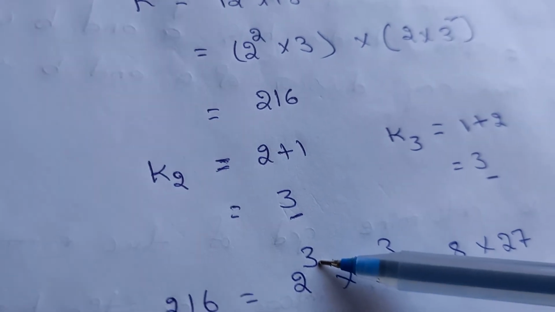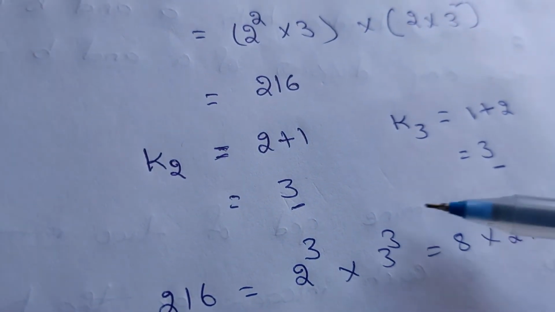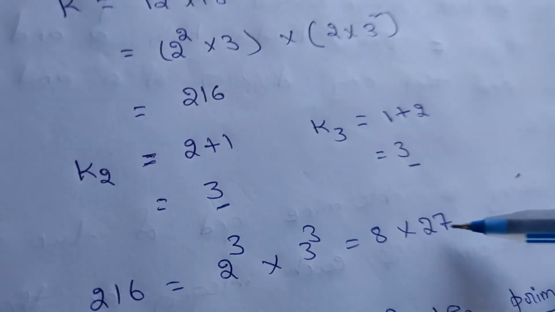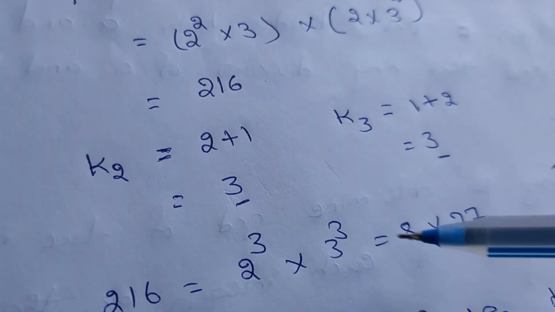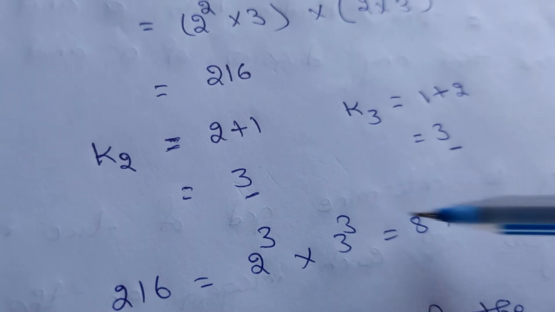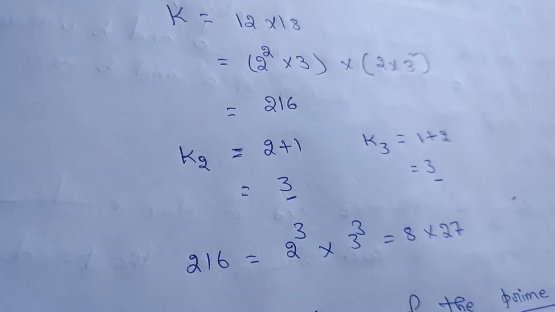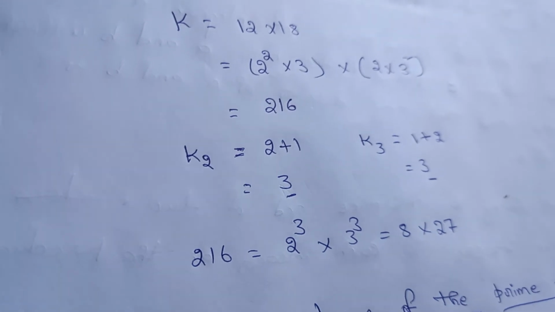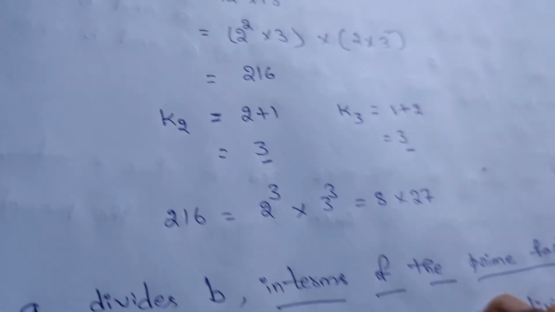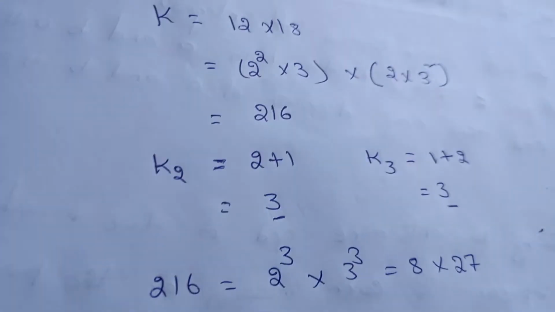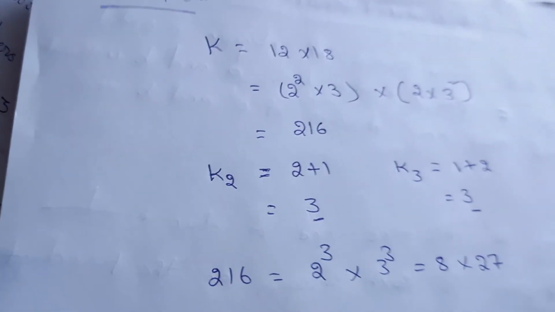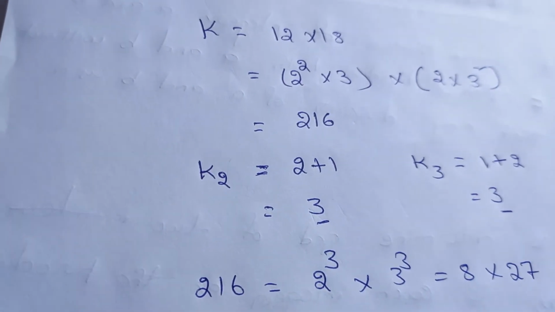So 2 power 3 into 3 power 3 equals 8 into 27. 2 power 3 value is 8, and 3 power 3 value is 27. 8 into 27 is 216. Now the k value is equal to this.